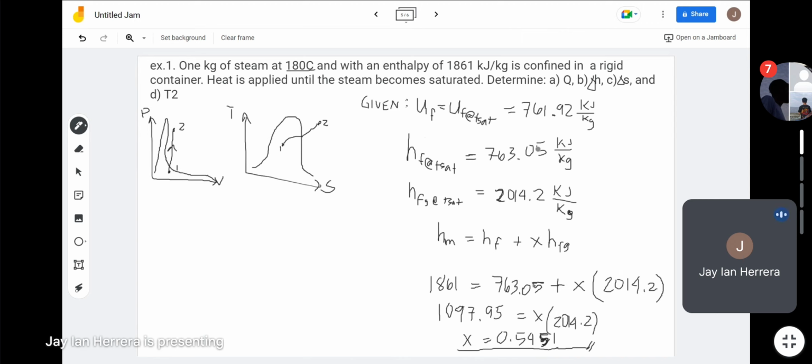Moisture, quality of moisture, pwede nating masolve na yung H or the other properties. Then, if masolve natin the other property, we get the H2 na ganun. Since meron tayong, or this is technically our H1 pala.